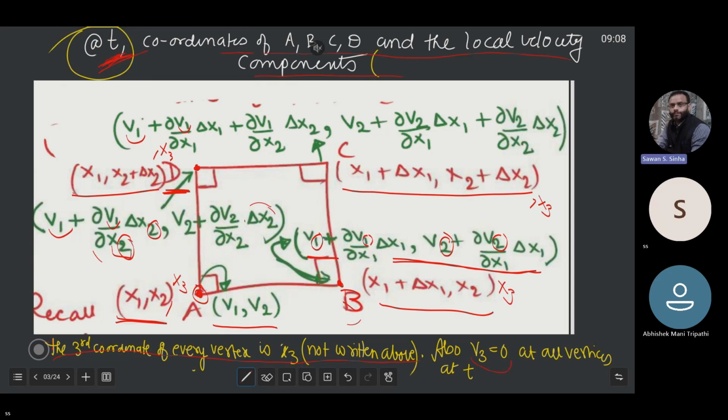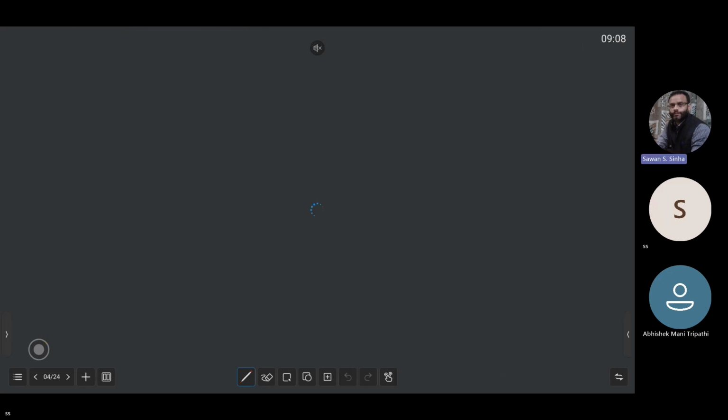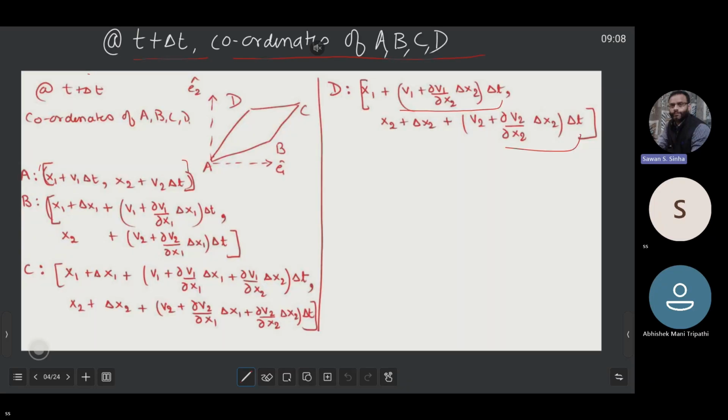Okay. And then using the local velocity and delta t, we wrote these coordinates of all the four vertices of the fluid element at time t plus delta t. Okay.